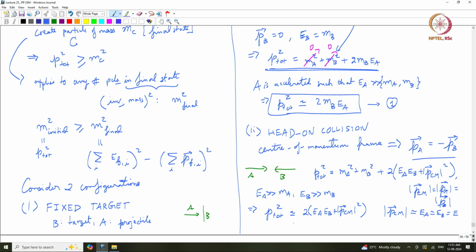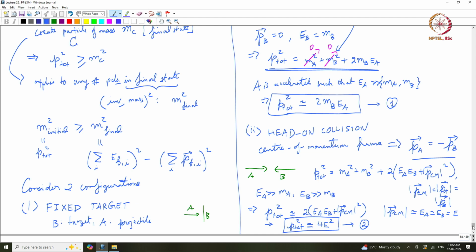So, in other words, the equation I wanted to write was, in this case, it is just 4E squared. Agreed? E square from the first term, E square from the second term. So, that is a 2E square multiplied by 2. Okay. So, we are going to now compare situations 1 and 2.